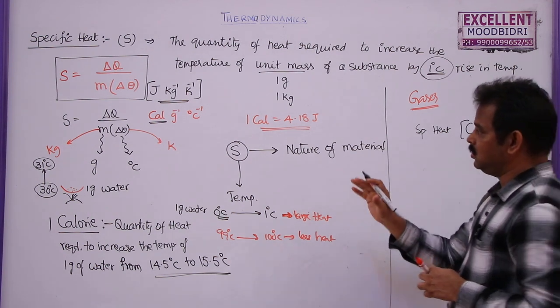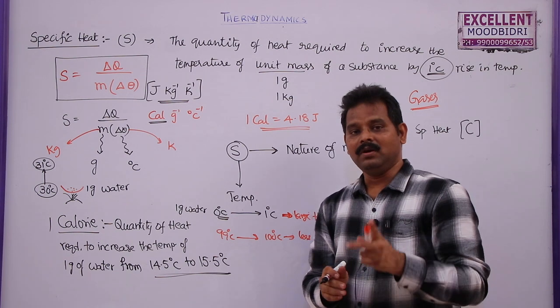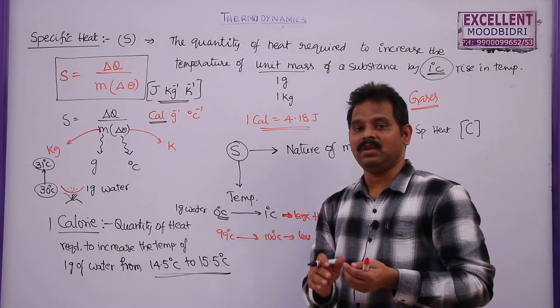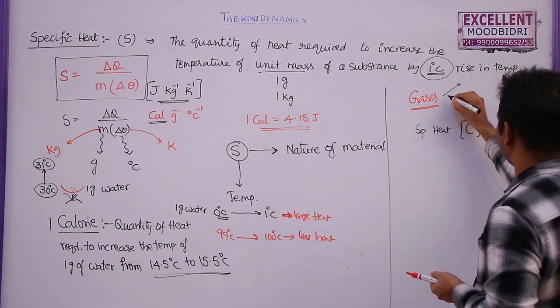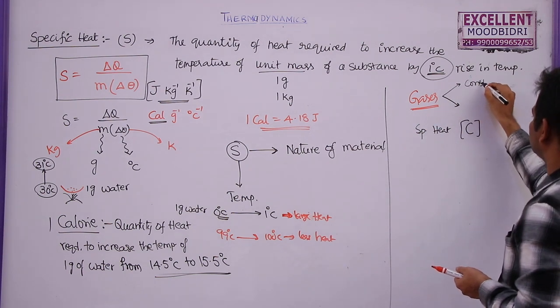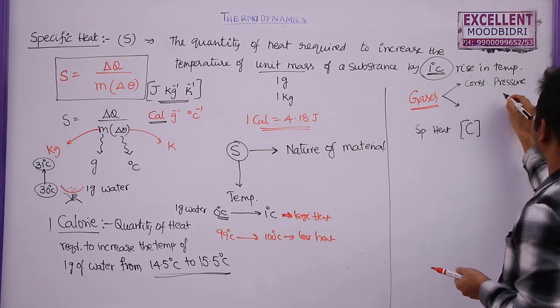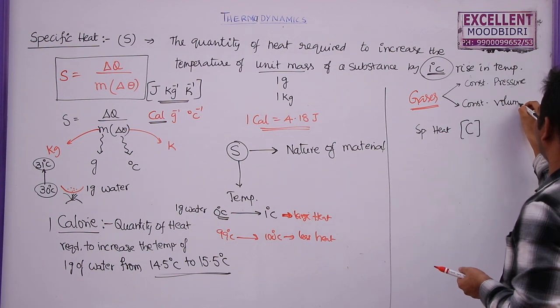A solid can be heated directly without a container, liquids can be heated by taking them in a container, but gases can be heated by two different methods in a container. One is constant pressure, second one is constant volume.